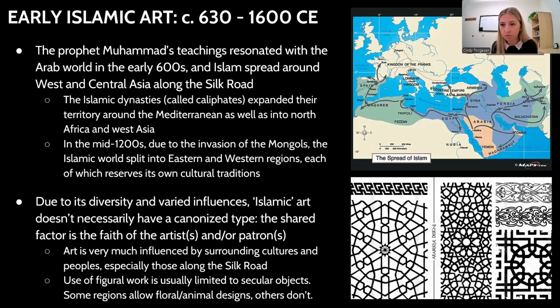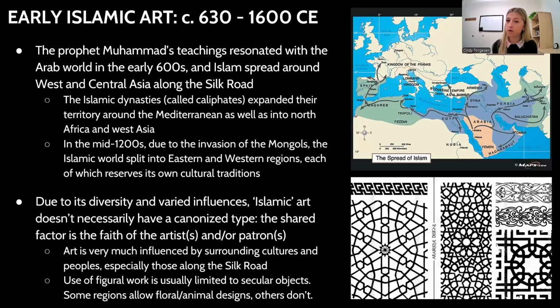So there are exceptions to this, but as a general rule, and never in a religious context, on architecture, let's say, or in a mosque, we're not going to see depictions of humans. That's just not going to happen. But again, we're going to see some exceptions to that.